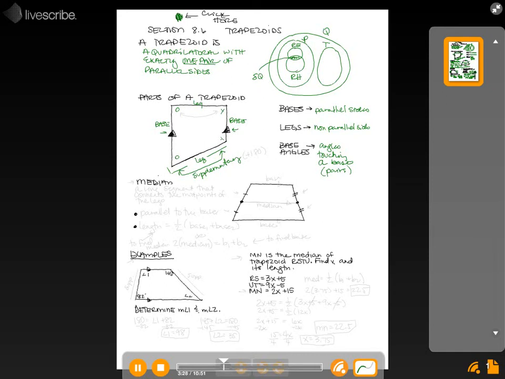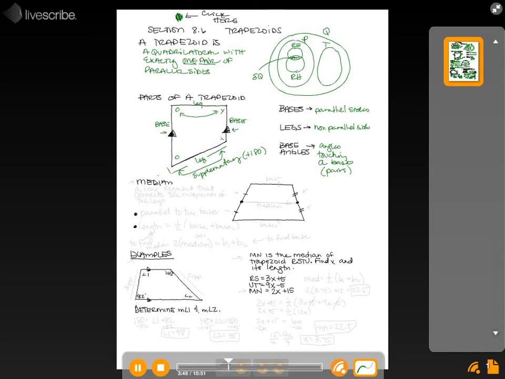That leg acts as the transversal to the two parallel lines. So it cuts the two parallel lines, so they're supplementary. They add to 180. So one X and one O here would add to 180. And it doesn't matter which leg, but it has to be along the same leg. Okay? So these two angles are supplementary, as are these two.